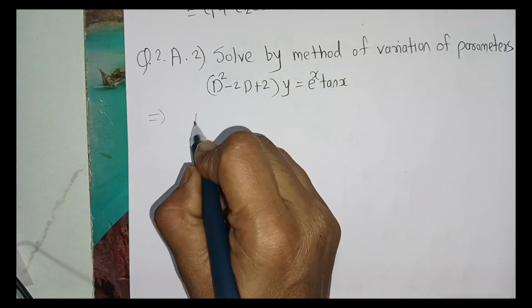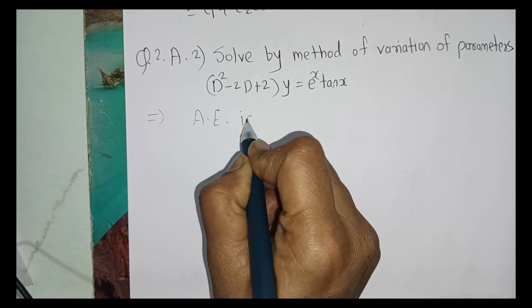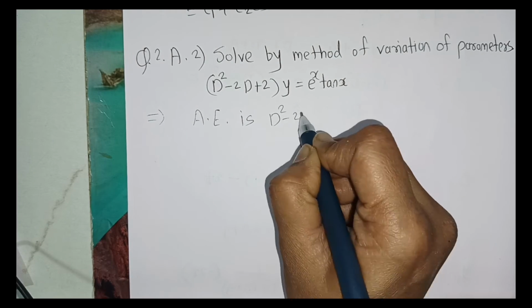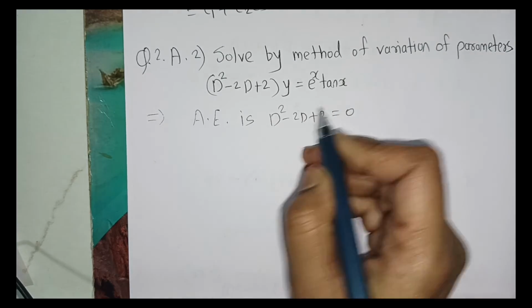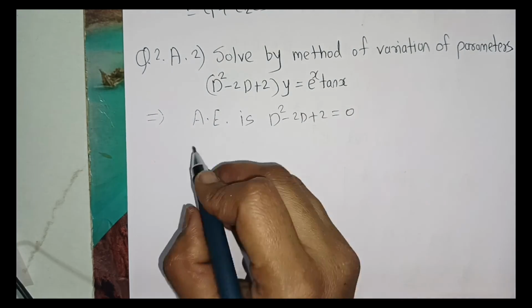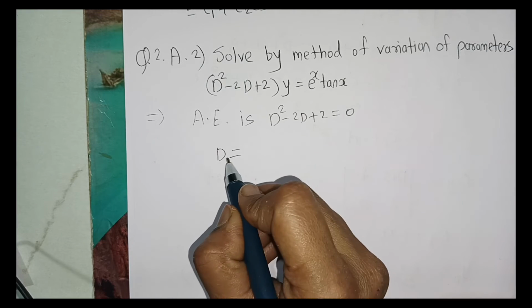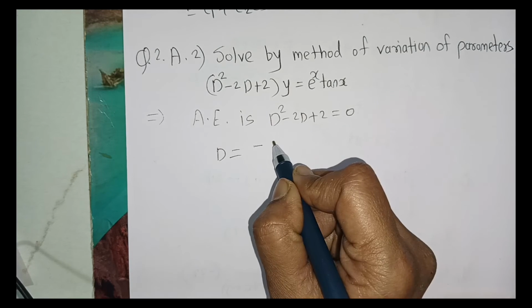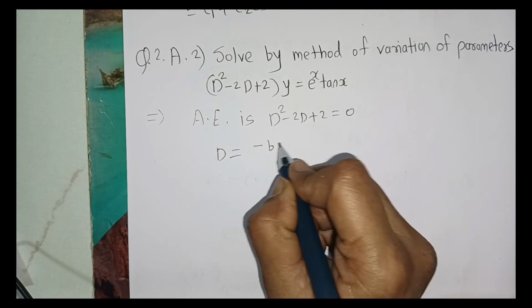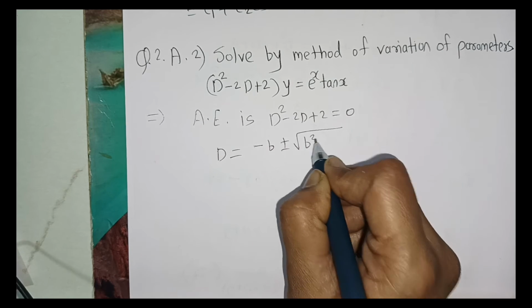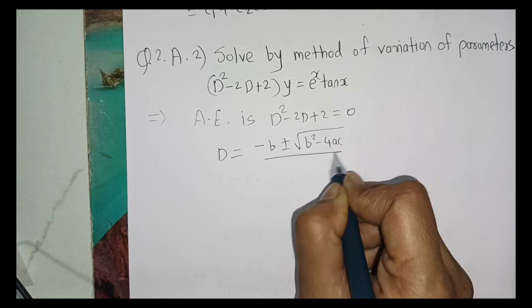So auxiliary equation is D square minus 2D plus 2 is equal to 0. So roots of the auxiliary equation by using quadratic formula, or you can use calculator also. D is equal to minus b plus minus under root b square minus 4ac divided by 2a.